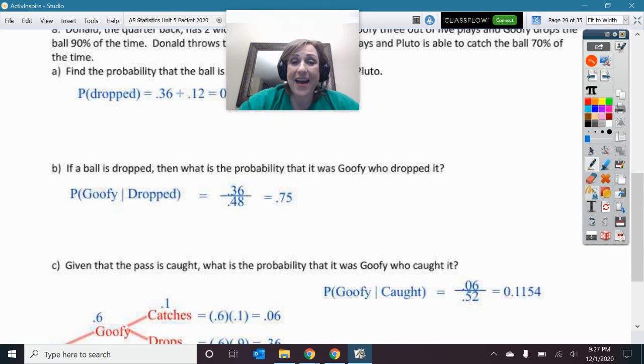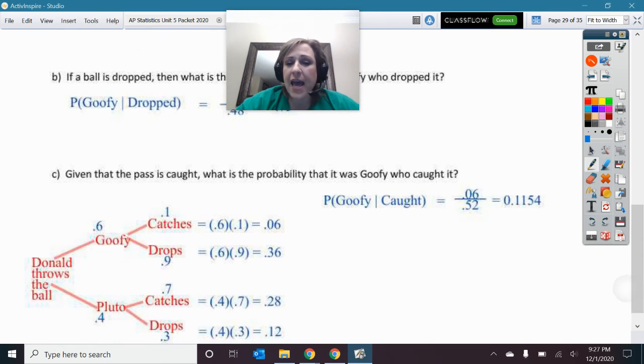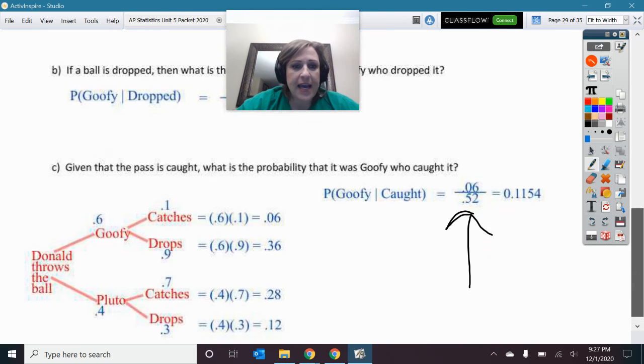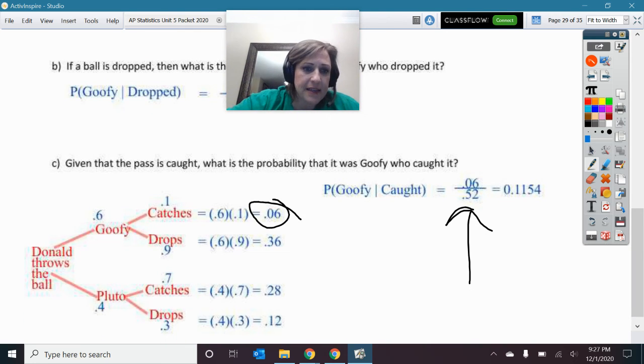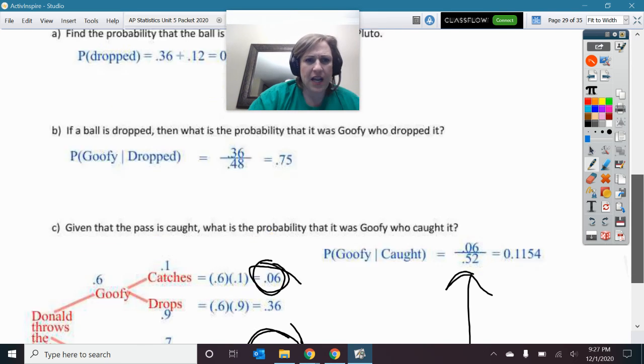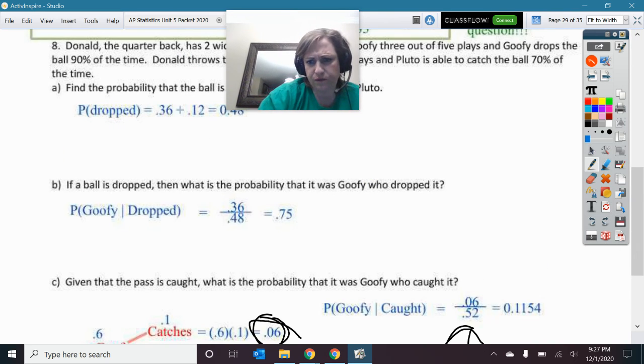All right, given that the pass is caught, so now I have to redo my denominator. So, interestingly enough, instead of redoing that and adding this plus this, why does this plus this not add up to 52%?